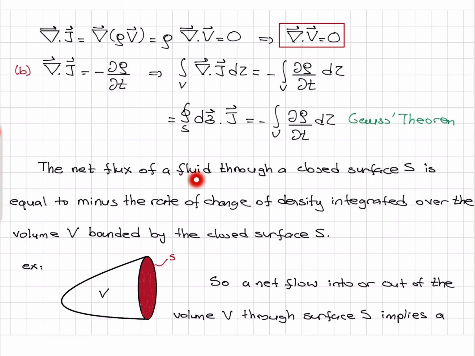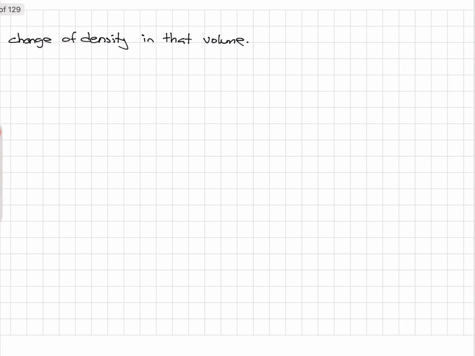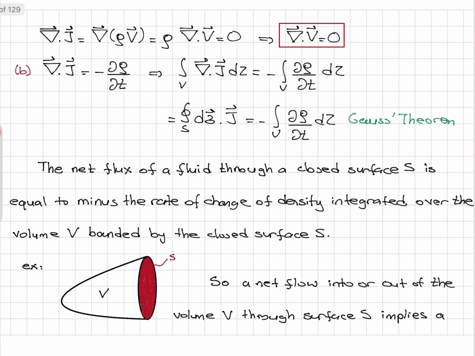The net flux of the fluid through a closed surface S is equal to minus the rate of change of the density integrated over the volume bounded by the closed surface S. So this is actually the whole surface S. If there is a net flow into or out of this volume V, if this is non-zero, that implies that there must be a change of density in that volume, a time-dependent density in that volume for this to occur.